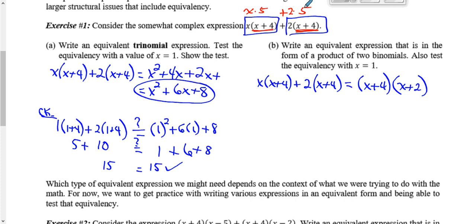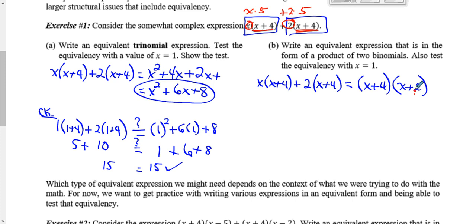I could factor out a 5, couldn't I? And I'd be left with x plus 2 in parentheses. So remember I told you the parentheses makes that x plus 4 like a single thing, like a 5, right? Does that make sense? I just took this out front, and what's left is that guy plus 2. So remove the x plus 4, put that in the front, and whatever you're left with in the parentheses is what your answer's going to be.